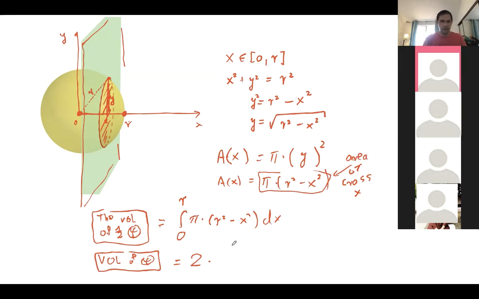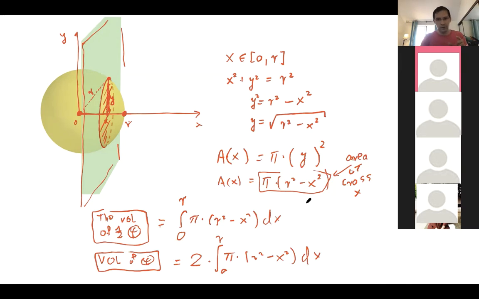So 2 times the integral from 0 up to the radius of this function: pi times the radius squared minus x squared dx.